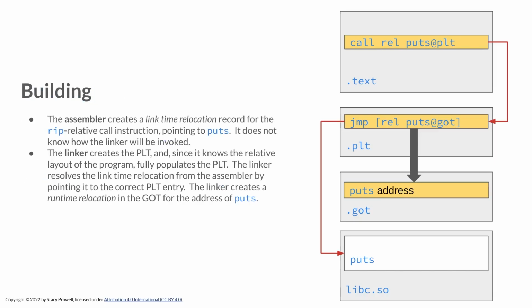The assembler creates link time relocation records for the RIP relative call instruction pointing to puts. It doesn't know how the linker will be invoked. That's fine. The linker creates the PLT. Since it knows the relative layout of the program, it can fully populate it. The linker resolves the link time relocation from the assembler by pointing it to the correct PLT entry, and then the linker creates a runtime relocation in the GOT for the address of puts.